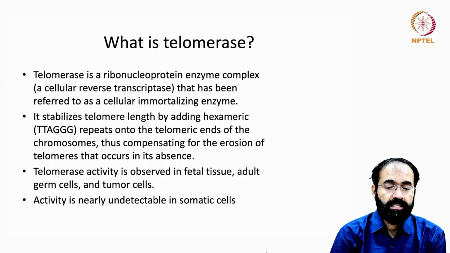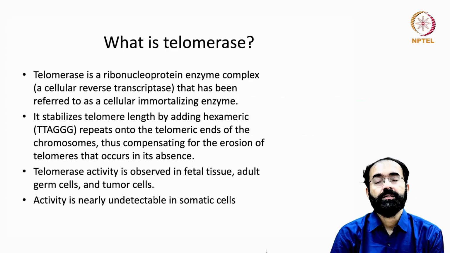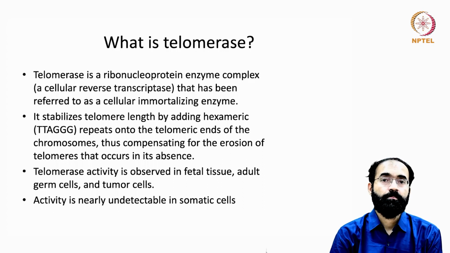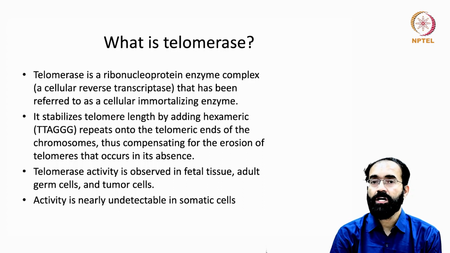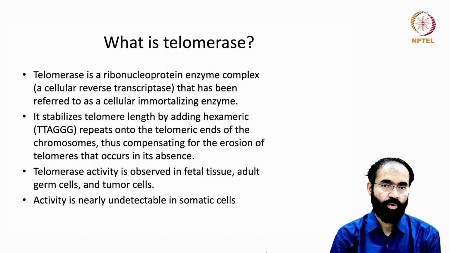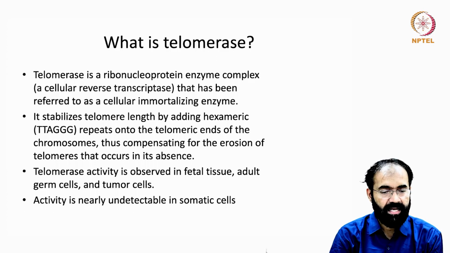And telomerase is also referred to as an immortalizing enzyme. The reason being, if the telomere lengths are not going to be shortened, the cell is kind of immortal. It is not going to die at all, as is the case in cancer.